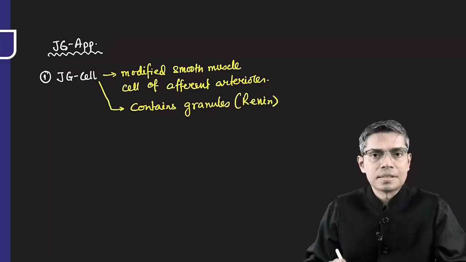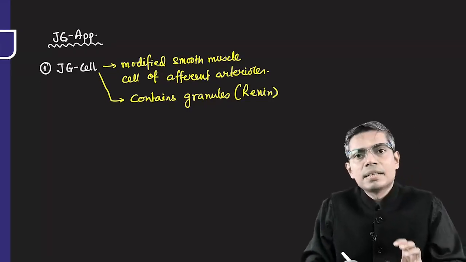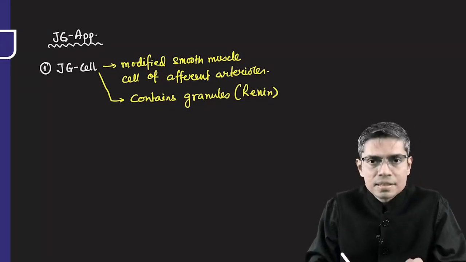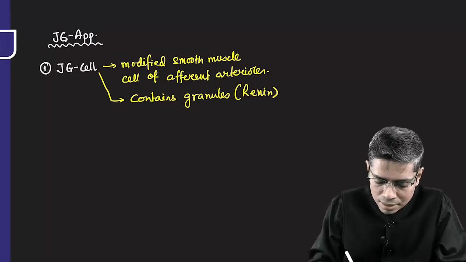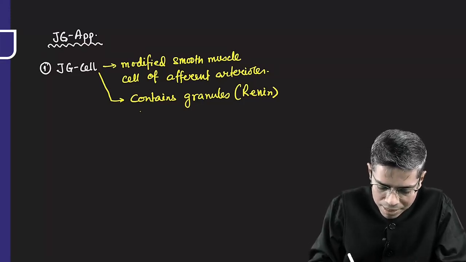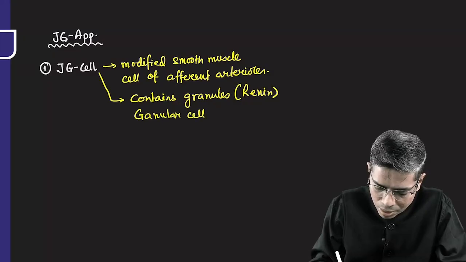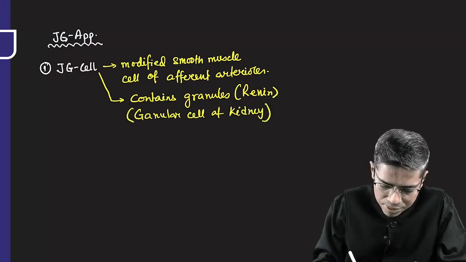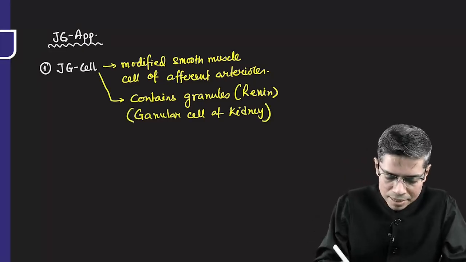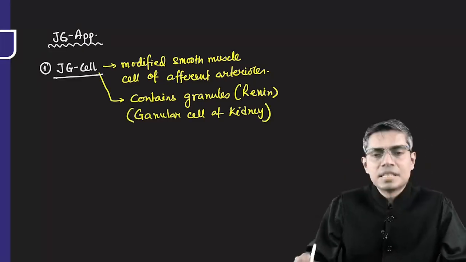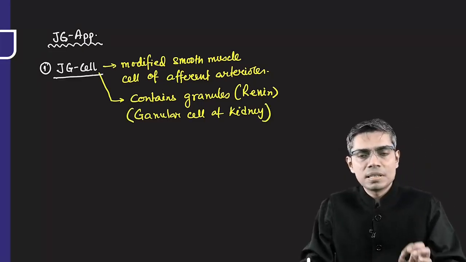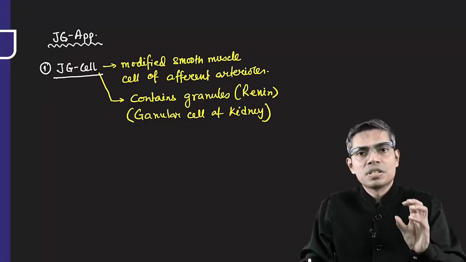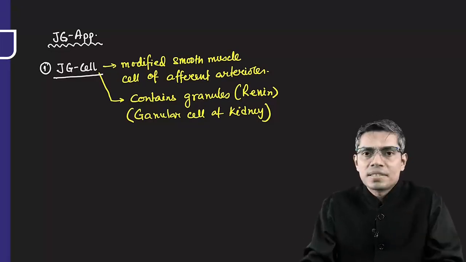Because this cell contains granules, it is also known as the granular cell of kidney, right? So the first component of the JG apparatus is the JG cell. JG cell is nothing but modified smooth muscles of afferent arteriole which secrete renin. Now, how does it secrete renin?